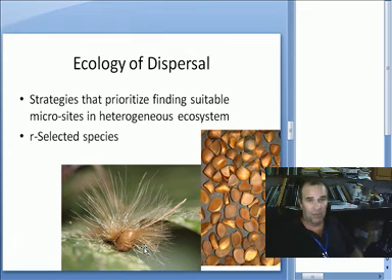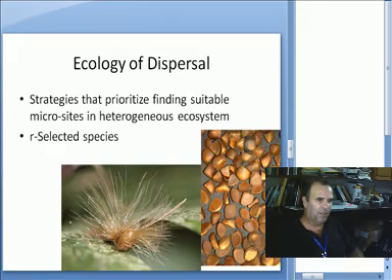But some sort of an event happens which greatly extends their dispersal range. There may be a storm. They may get caught in the fur of some migrating bird or animal, and they get carried great distances. But they are not adapted to do that.